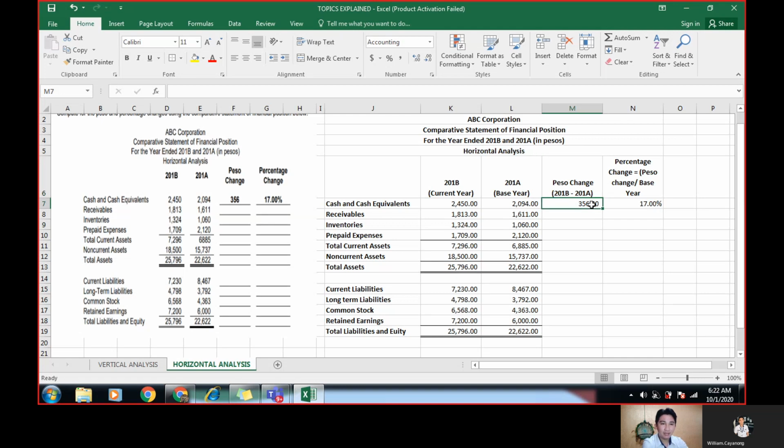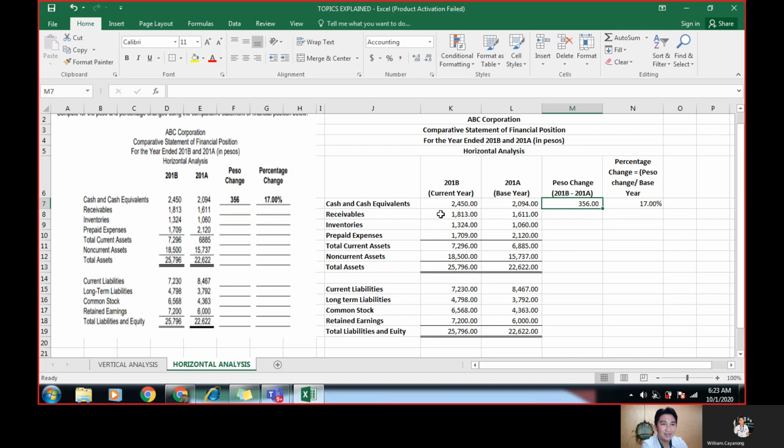So, paano to nakuha ang 356? Okay, so 356, ito lang, 2,450 less. Okay, put the formula there. Minus the base year 2094. So therefore, ayan, 356 yung ano natin, peso change.